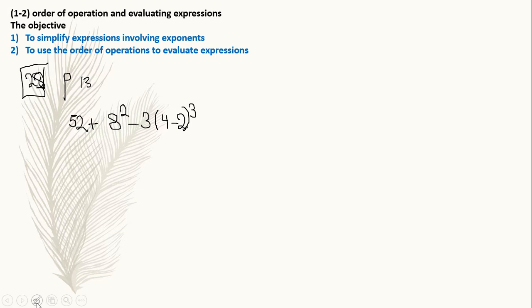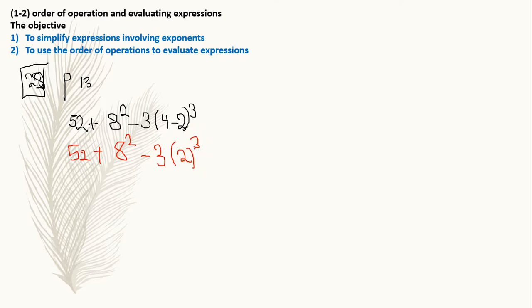Now, first thing first, do I have parentheses? Yes, and powers, but we said parentheses first. So let's do the parentheses first. So 8 to the power 2 minus 3. We will do the 4 minus 2. It's 2 to the power 3, right?